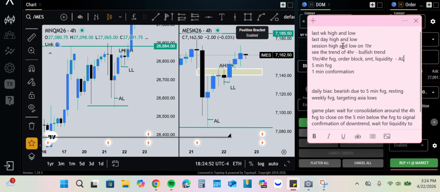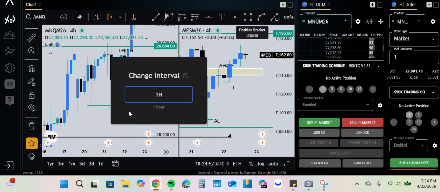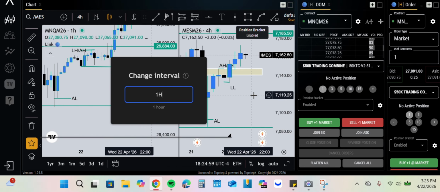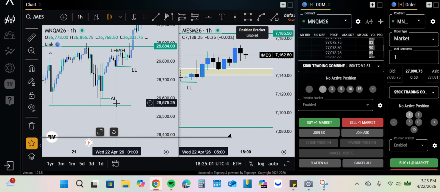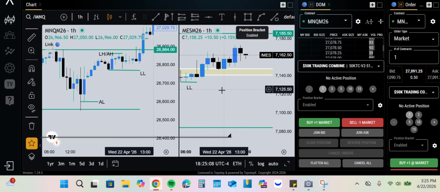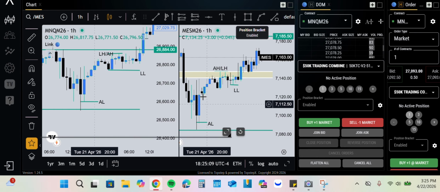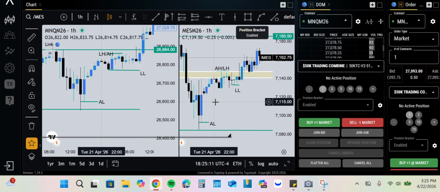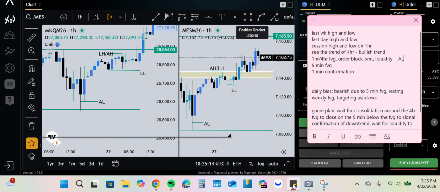Now let's go on the 1 hour and look for the same sorts of things. On the 1 hour, I didn't really see any formation of big fair value gaps on either, actually. So didn't find any fair value gaps, didn't find order block, SMT.